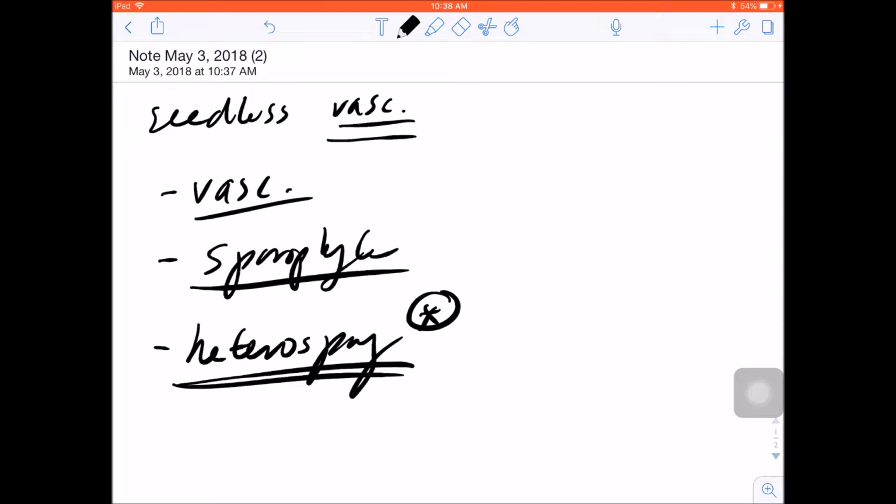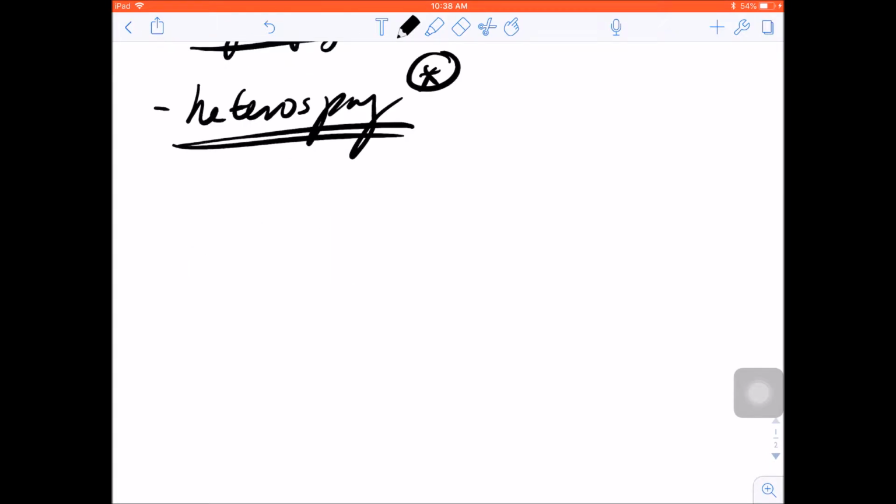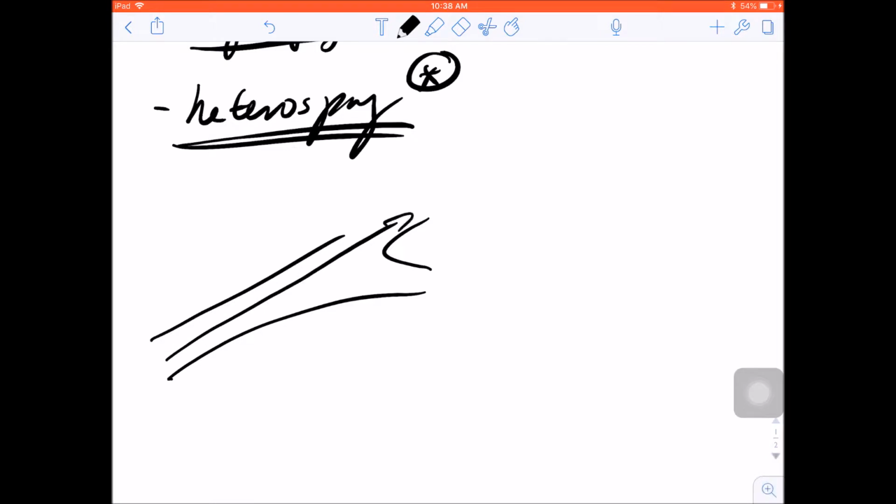Okay, so let's start with the vascularity. In these vascular plants, they have tubes that can transfer water from the roots upwards to the leaves. And in these plants, they have two kinds of main cells that make up these tubes.